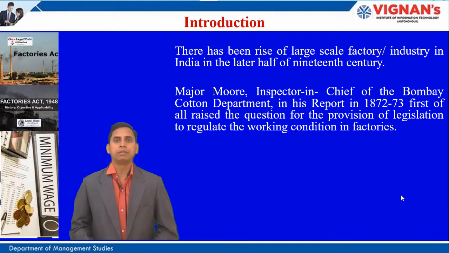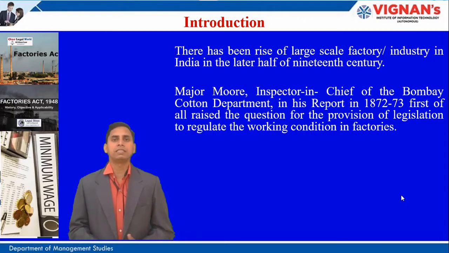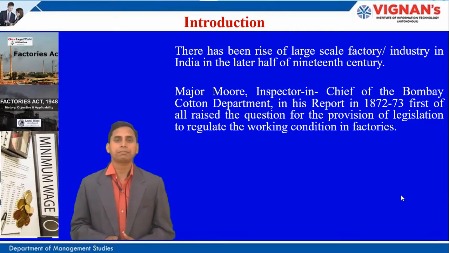Major Moore, the inspector in charge of the Bombay Cotton Department, in his report of 1872 and 73, first raised the question of legislation to regulate the working conditions in factories. That was the first voice raised about working conditions in factories.